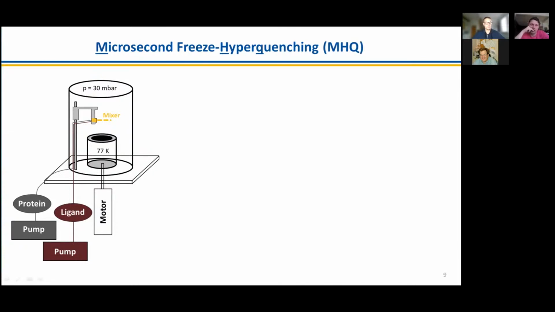What we then do, completely controlled by computer, is to inject the protein and the ligand into the micromixer, which then moves vertically down into the cold plate. Then the jet, so the mixture of the protein and the ligand, is sprayed onto the cold plate. Depending on the length of this jet, we have the possibility to vary the aging time of our sample.